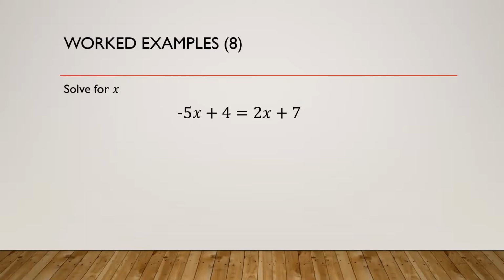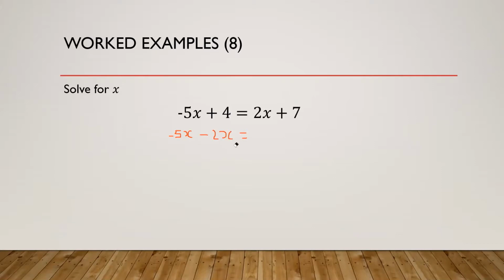All right, example 8. Same routine. All the terms in x go to one side and everything else goes to the other side because we're solving for x. So I've got minus 5x here. 2x goes to the other side and becomes minus 2x. 7 stays.